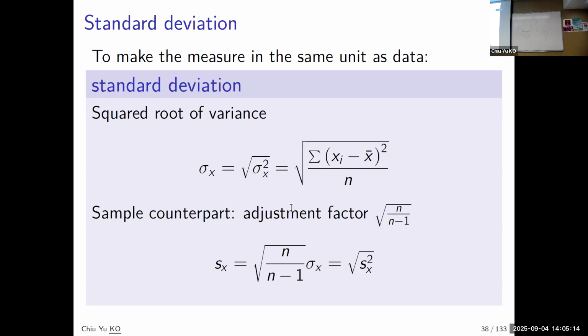The square root is because when you square things, every measurement unit will be square, right? If you have measuring length, right? Variance is just areas. Suppose length is cm, you get the cm square, right? So you don't want that to happen. So you take a square root and everything go back normally, right?